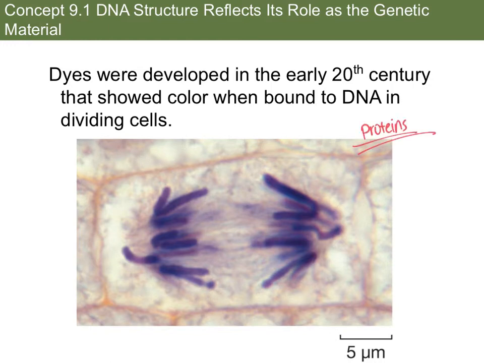Proteins were believed to be the genetic material because they're so diverse, because they have so many functions, and they could be created with different sequences of amino acids to be as highly reflective as the amount of diversity in life. So there was a big debate whether or not proteins or nucleic acids were the genetic material.